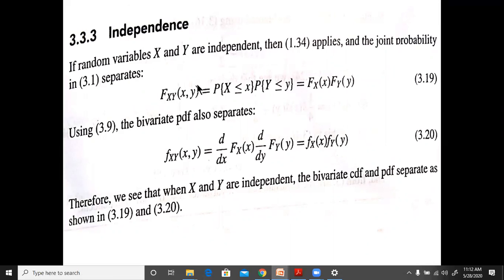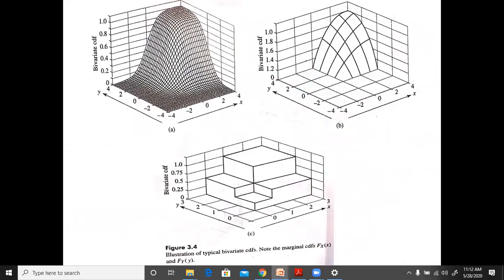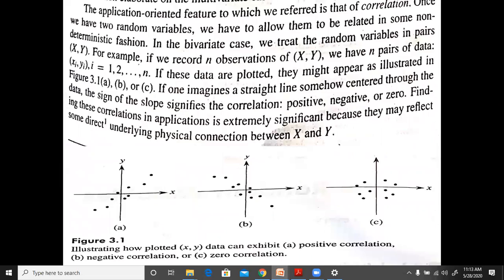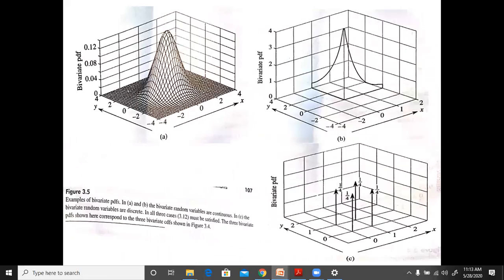That means the distribution function F of x, y, (x, y), which we wrote in 3.1, where we put X less than or equal to x intersection Y less than or equal to y. Now separating this out, we get P of X less than or equal to x multiplied by P of Y less than or equal to y. In that case, we say that they are said to be independent. That's what we have written there.